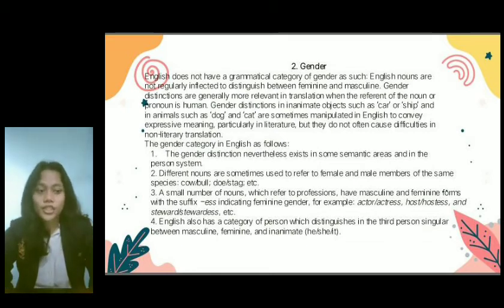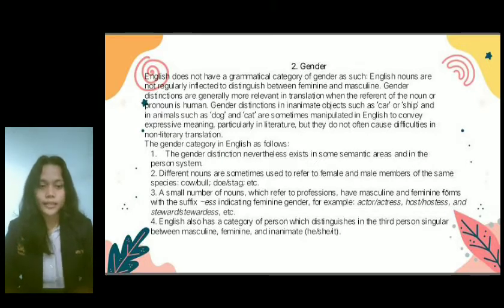Gender distinctions in inanimate objects such as cars or ships, and in animals such as dogs and cats, are sometimes manipulated in English to convey expressive meaning, but they don't often cause difficulty in non-literary translation.